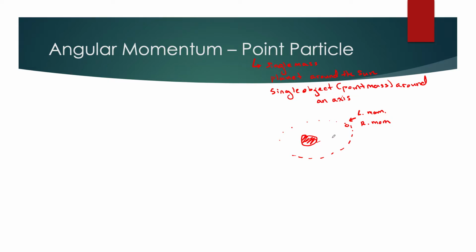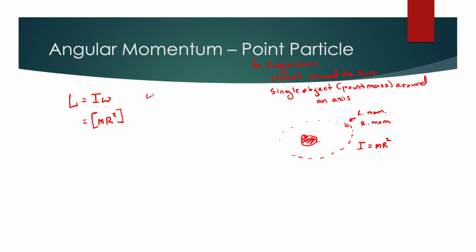If you look at this, we can think of this basically as a donut, or a hoop or a ring. And so the I for this would be just mr squared. And so if we look, we said that L is I omega. I is then going to be mr squared.